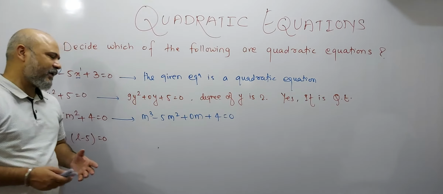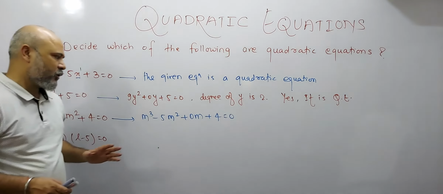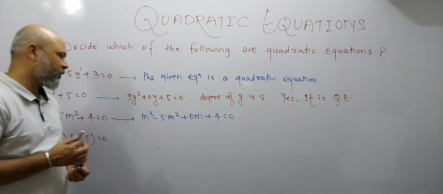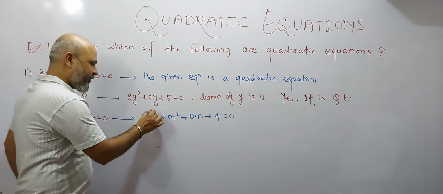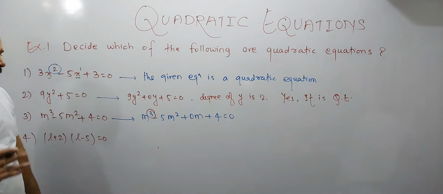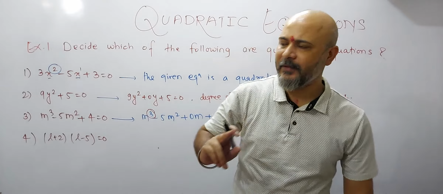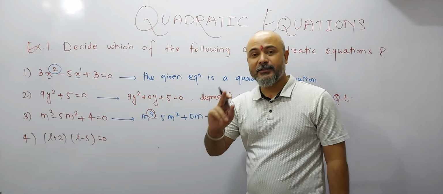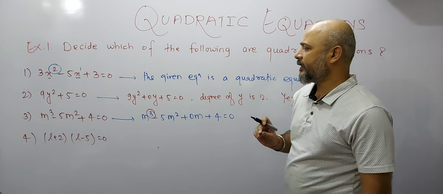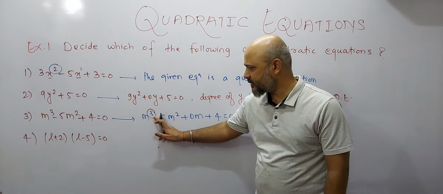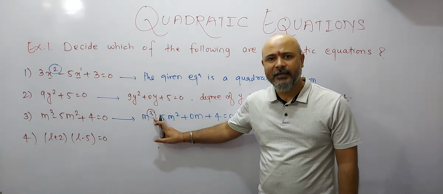Now we will see what is the highest degree of this variable m. So we will see that the highest degree of this variable is 3. For a quadratic equation, if the highest degree of the variable is 2, then we will say that the given equation is a quadratic equation. But here the degree of the variable is 3, which is greater than 2.